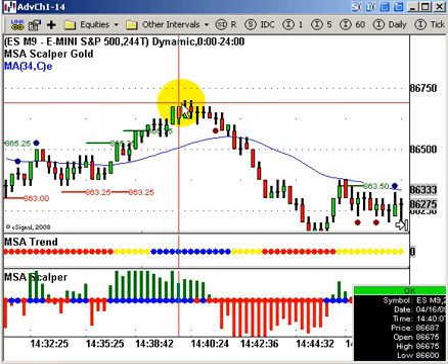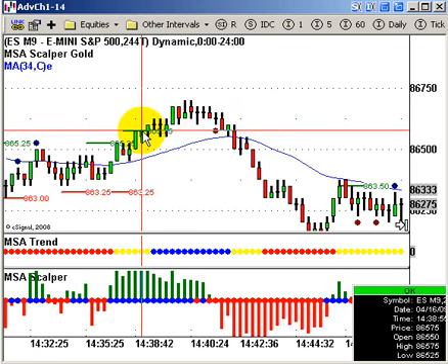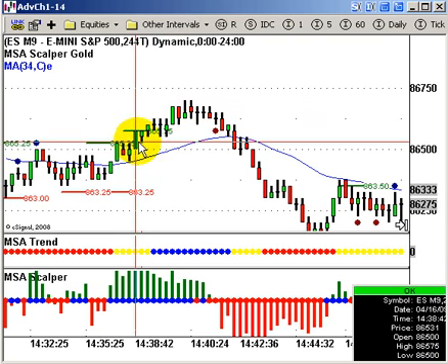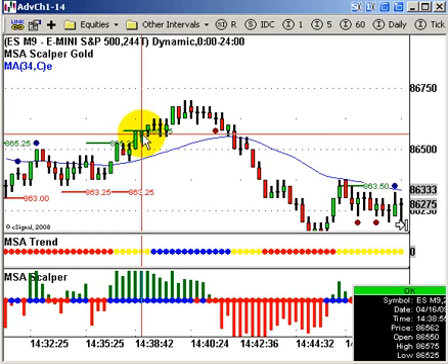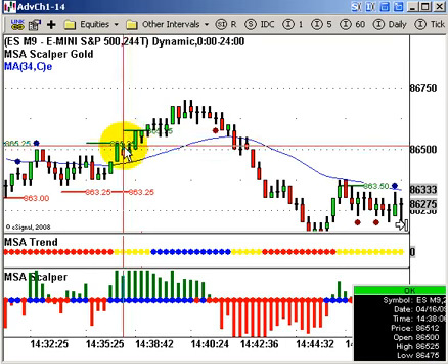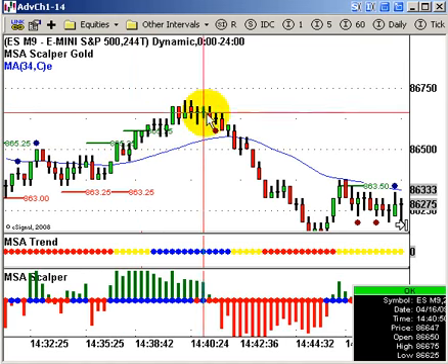So if you're used to taking a point or so on scalps, you can do it that way, and you'll have a higher percentage of winners. You just have to make sure that you maintain a high percentage of winners in order to get your numbers to work. If not that, then you can buy and hold until you get the stop.